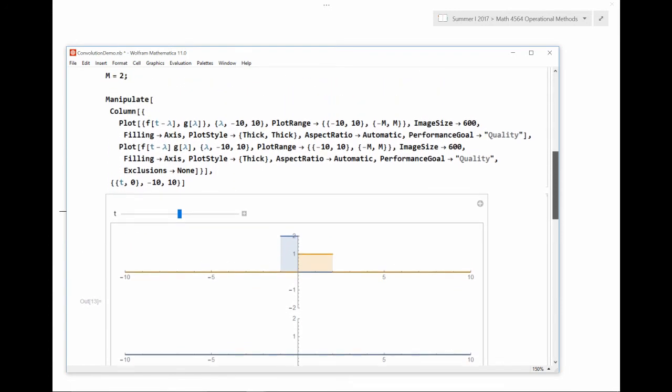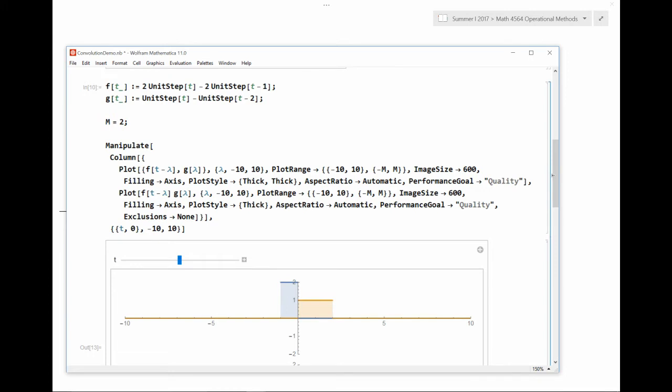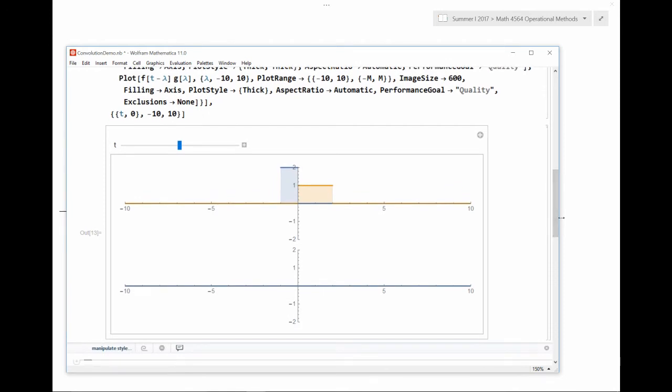What I have is two slightly different functions this time. I have f of t as the tall step function and g of t as a step of size 1, but a bit wider, taking 2 units. So what happens when I start shifting those functions around and multiplying them together? Right now, these functions have product 0 because the two steps do not intersect.